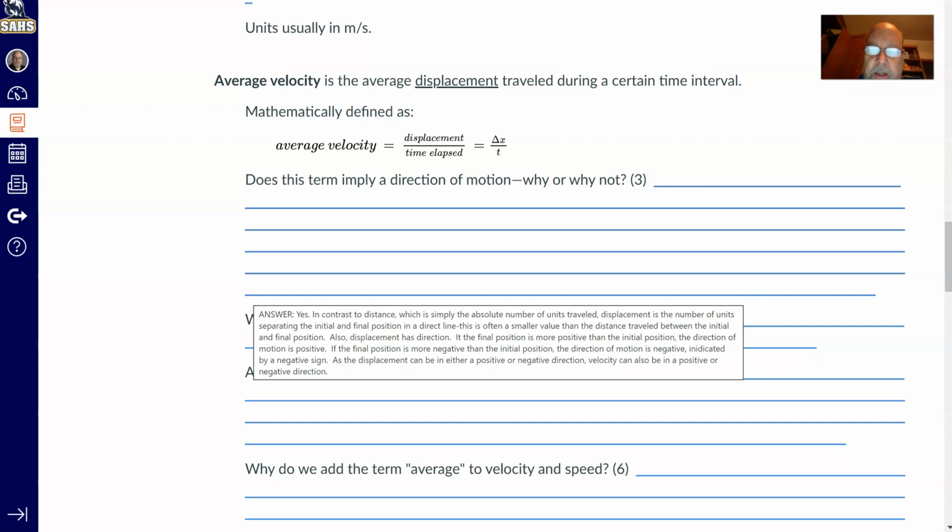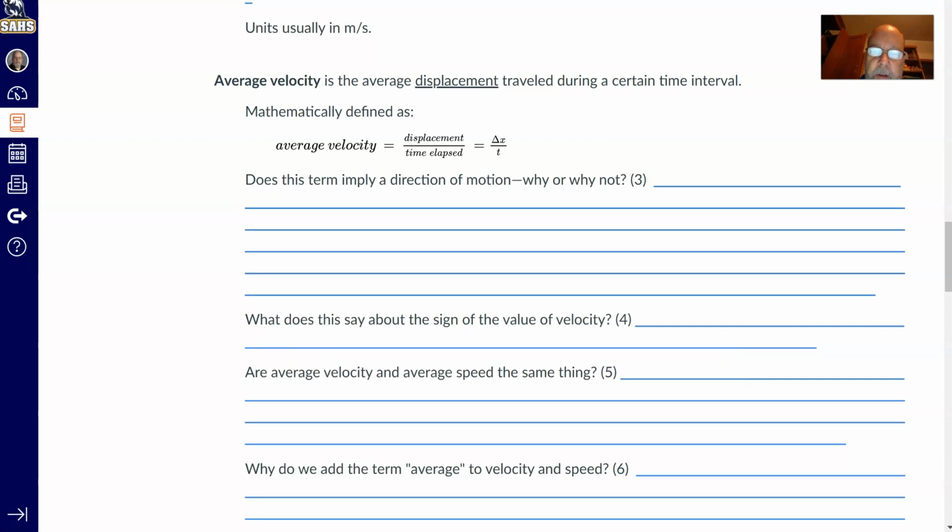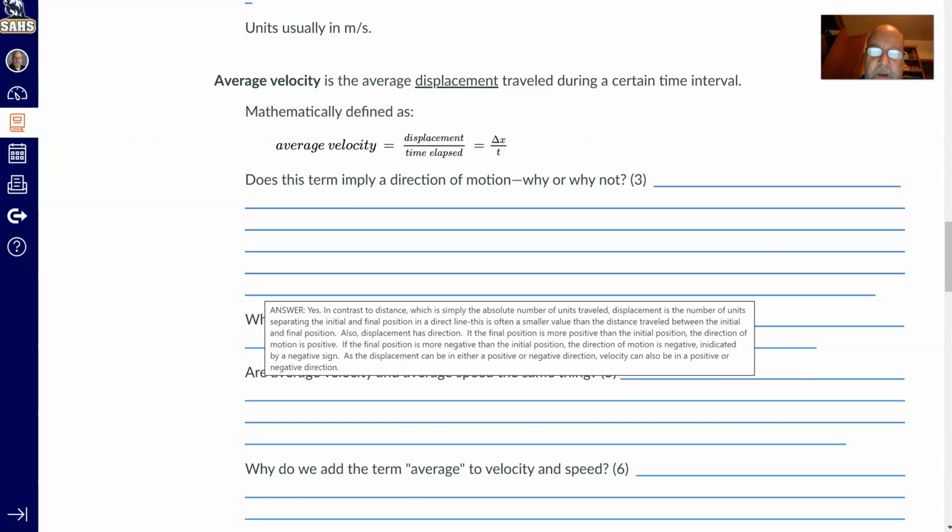So, yes, in contrast to distance, which is simply the absolute number of units traveled, displacement is the number of units separating the initial and final position in a direct line. This is often a smaller value than the distance traveled between the initial and final position. Also, displacement has direction.